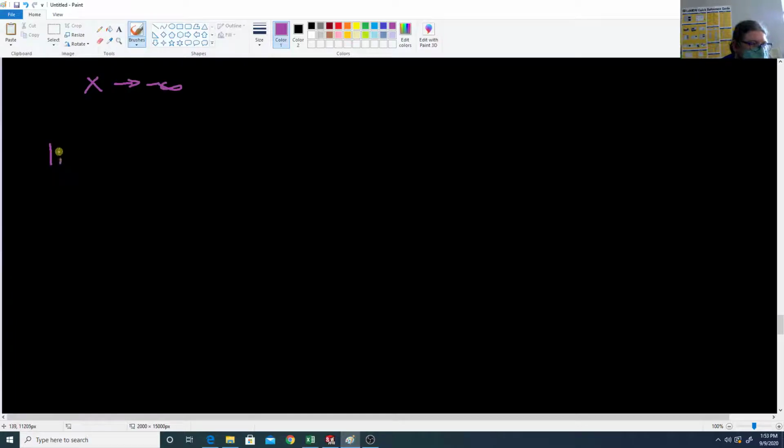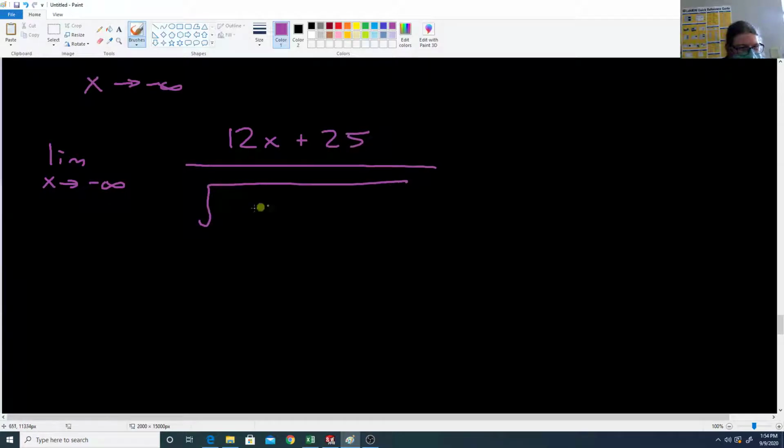We want the limit as x goes to negative infinity of our expression, 12x plus 25, all over the square root of 16x squared plus 100x plus 500.